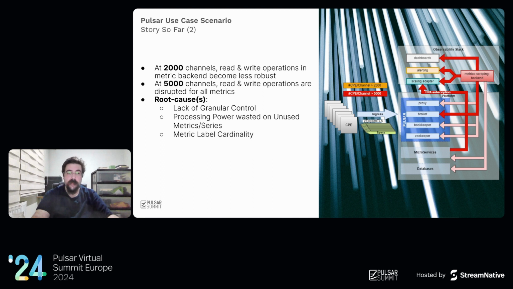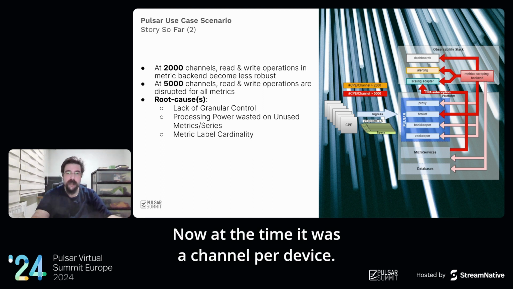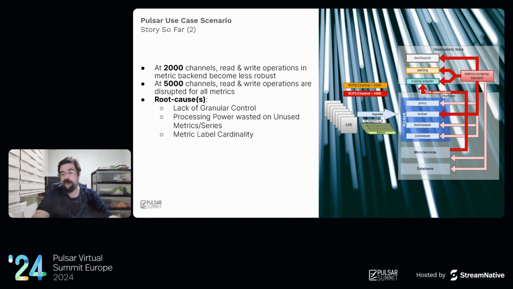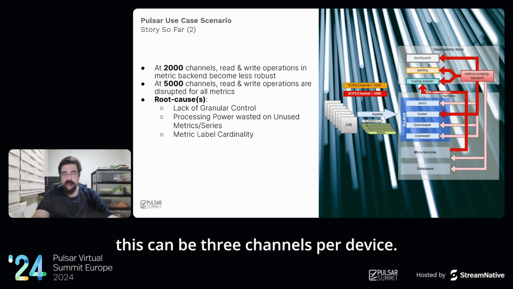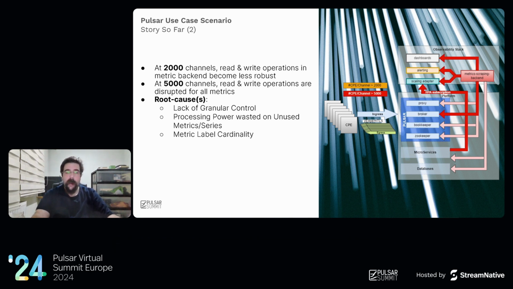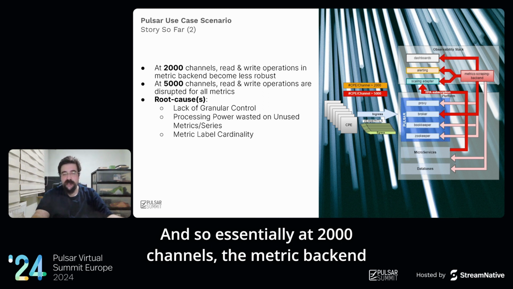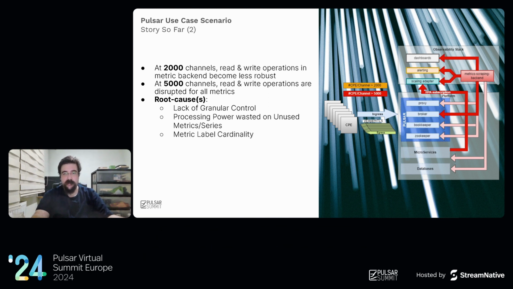At the time, it was a channel per device. During the life cycle of the platform, this can be 3 channels per device. So at 2,000 channels, the metric backend would lose its robustness.